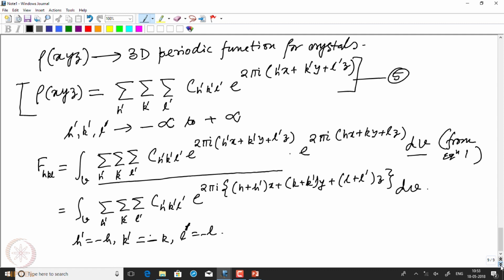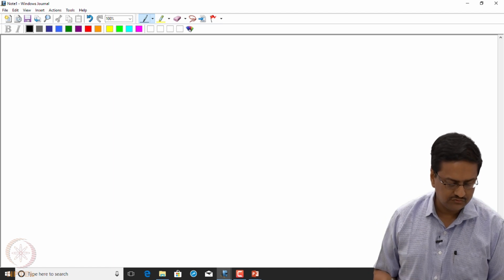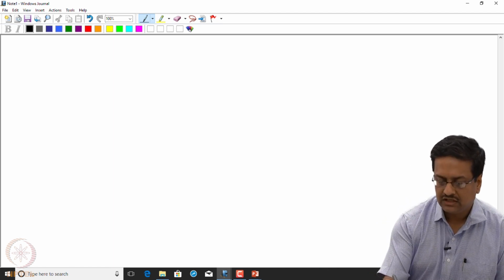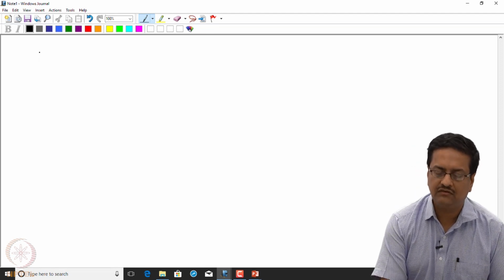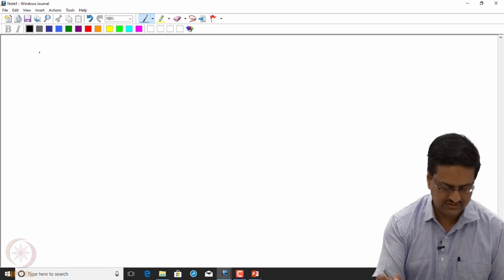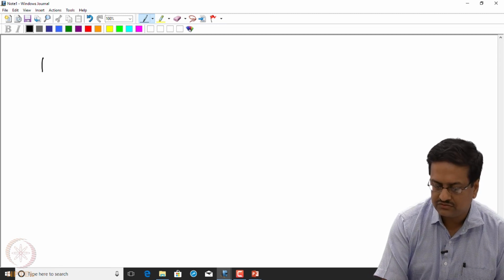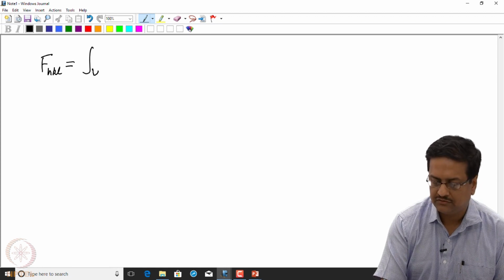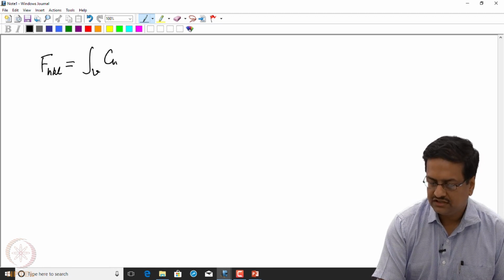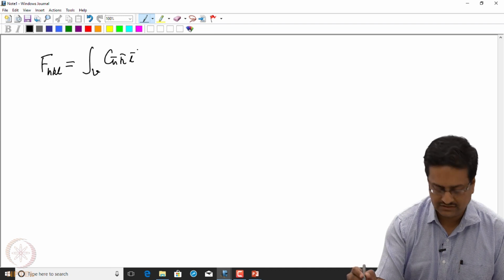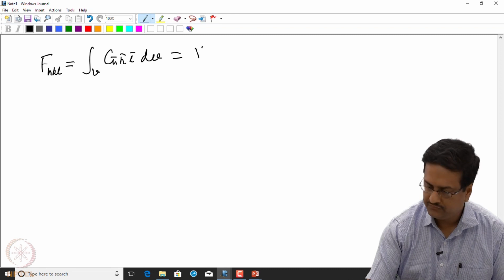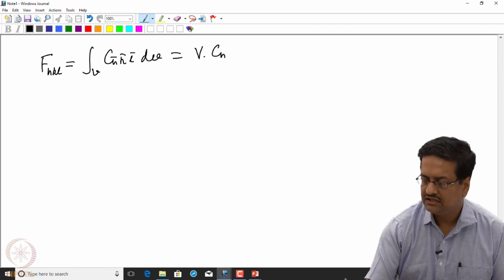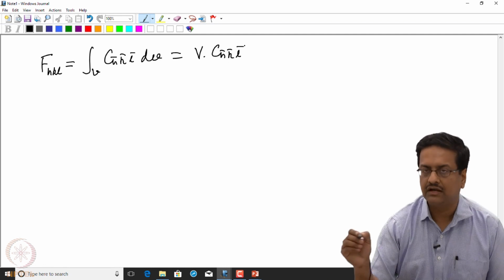So what happens when we arrive at this situation, h prime equal to minus h, k prime equal to minus k and l prime equal to minus l? We can write F(HKL) is equal to the integral over V of C h bar k bar l bar dV, which is equal to V into C h bar k bar l bar.